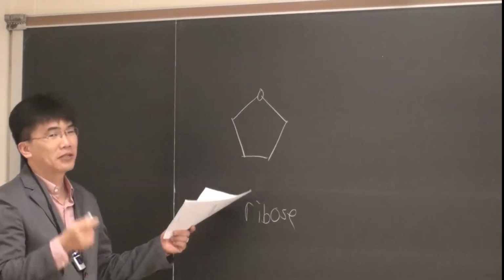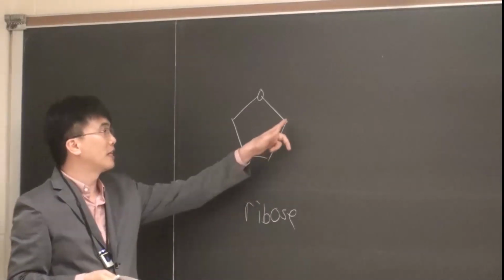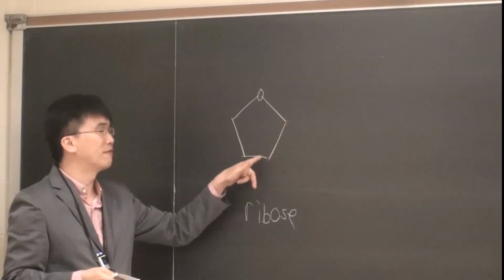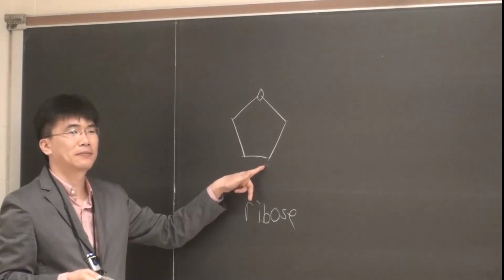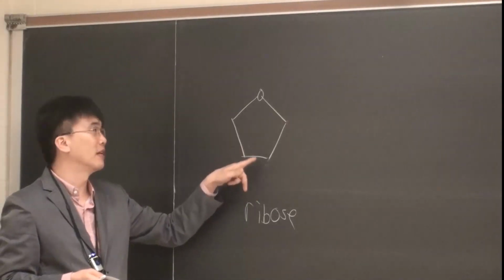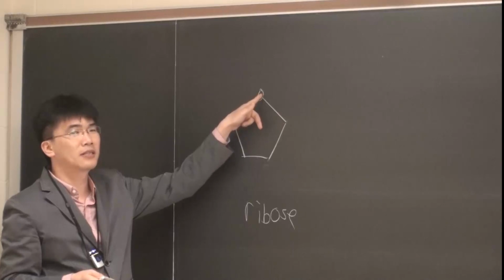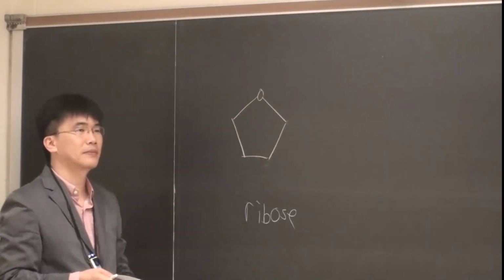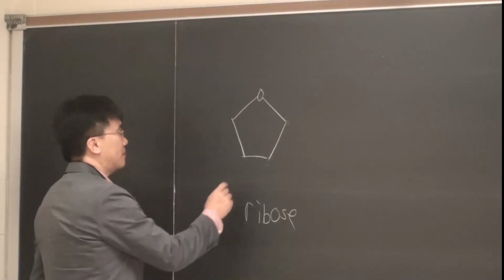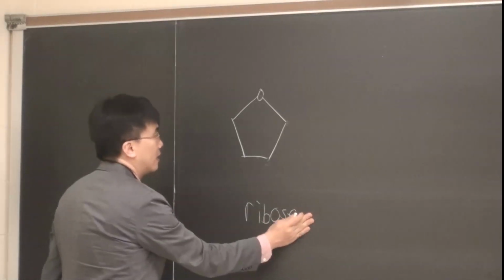In the chemical structure, my understanding is that whenever you don't see any label, that means you have a carbon atom there, unless it's marked. So I put an oxygen atom here, but carbon here.